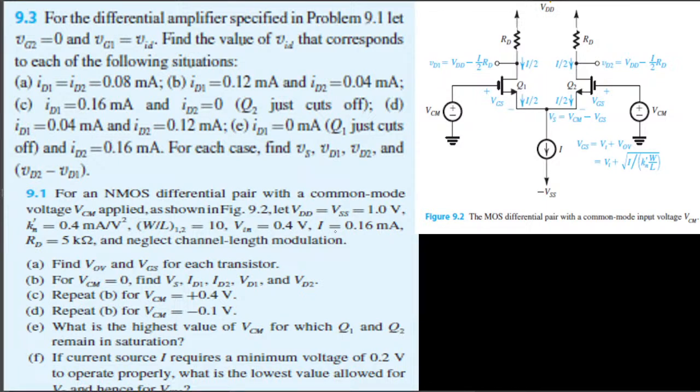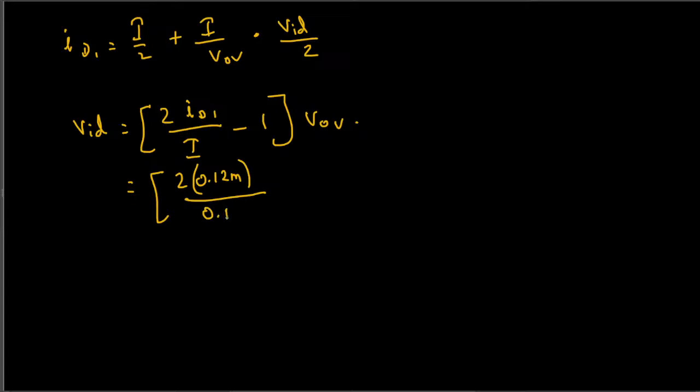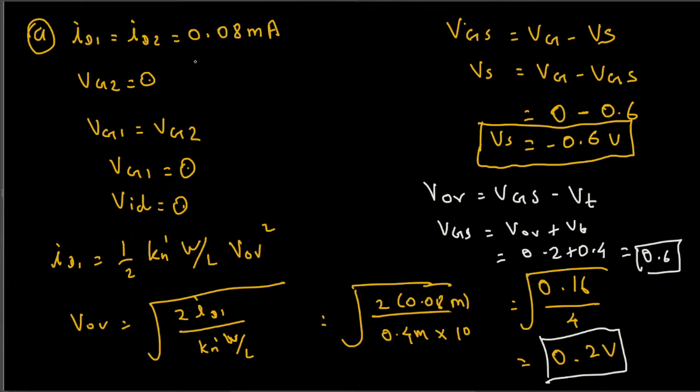In that one we have I provided, that's 0.16 milli, and then minus 1, and then V overdrive. I did that in part 1 of the question. I solved the V overdrive for this current.